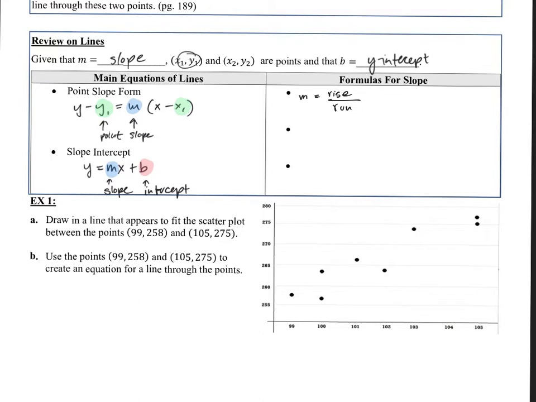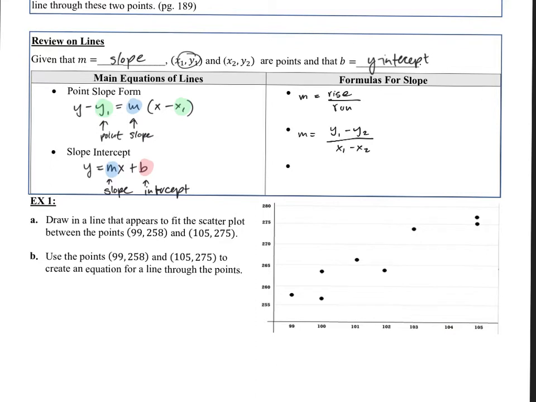This is easy if you're given a graph. Another way is m equals y sub 1 minus y sub 2 all over x sub 1 minus x sub 2. We use this when we're given 2 points, like above here.